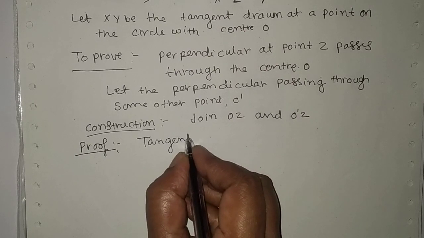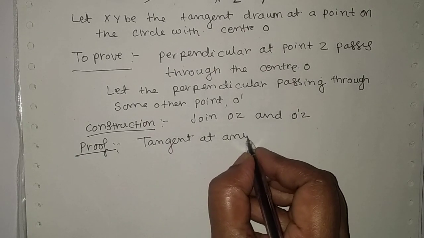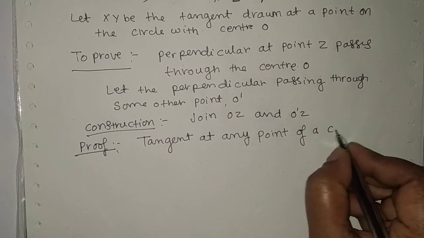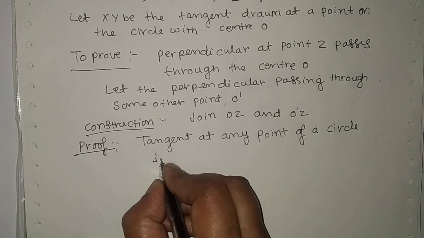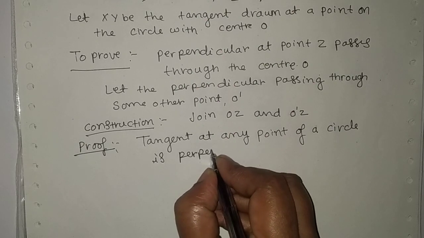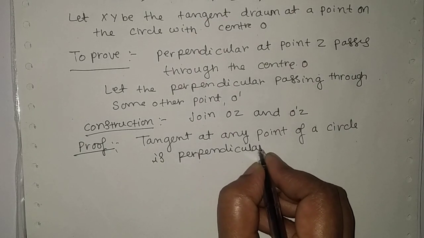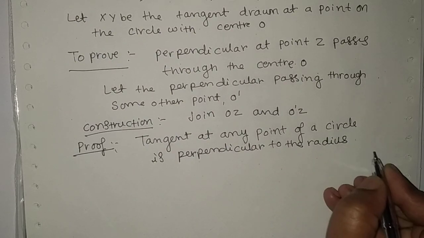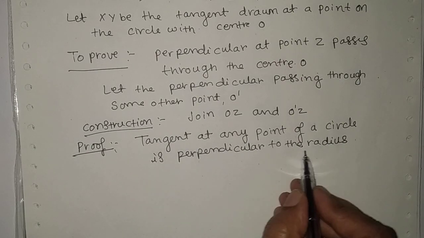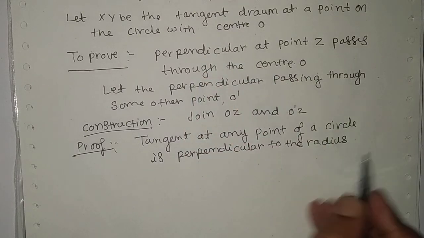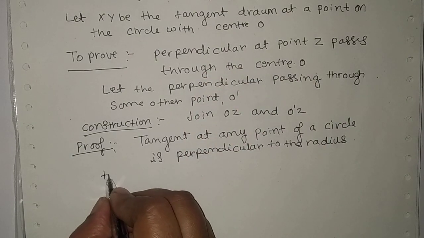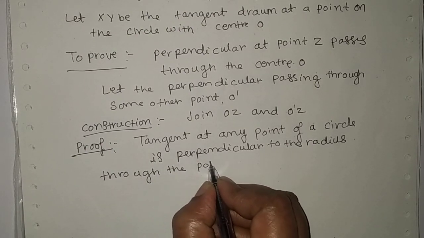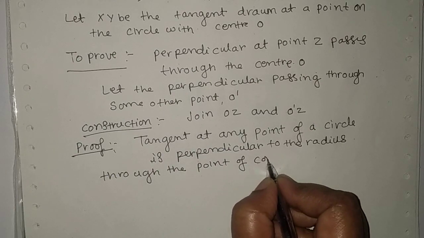Proof: the tangent at any point of a circle is perpendicular to the radius through the point of contact.